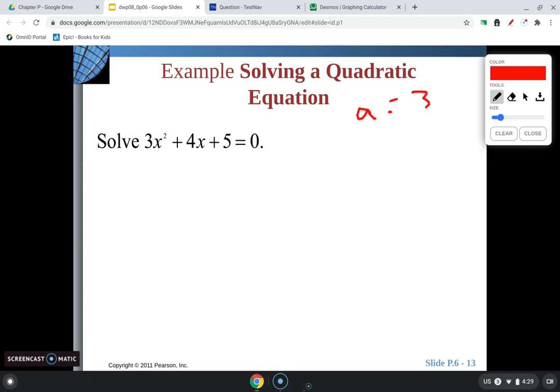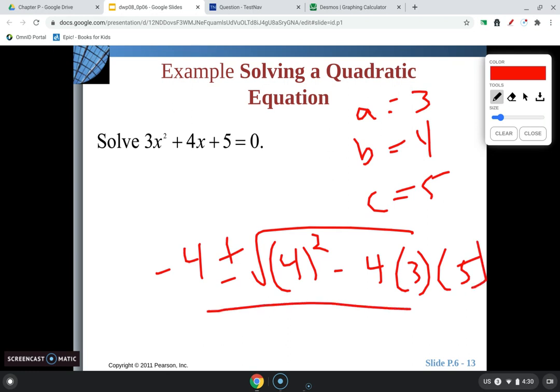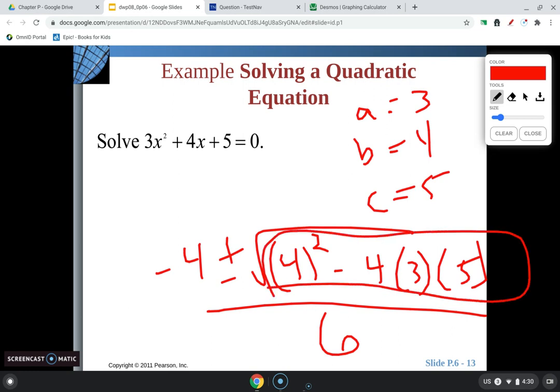So a is 3, b is 4, c is 5. So opposite of b, plus and minus, square root of b squared minus 4 times a times c, all over 2 times a, which would be 6. Then I've got to find my discriminant underneath the square root sign. 16 minus 60 becomes negative 44.